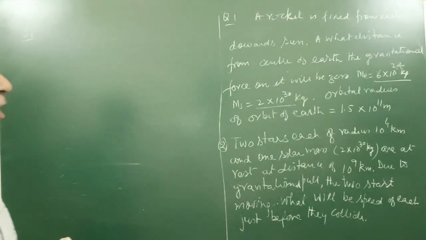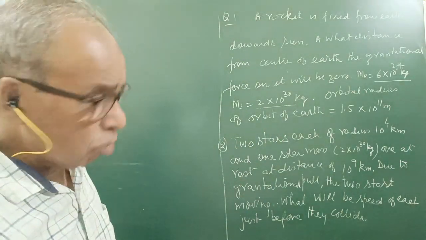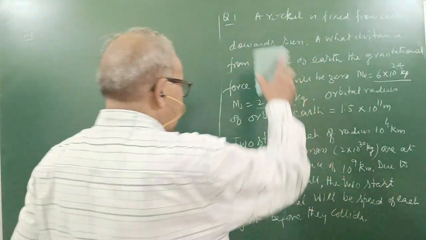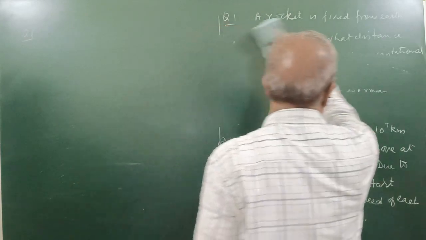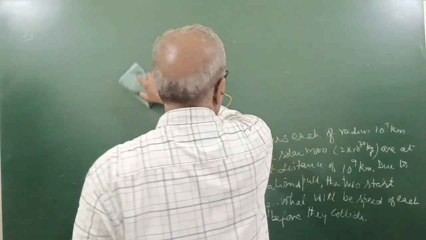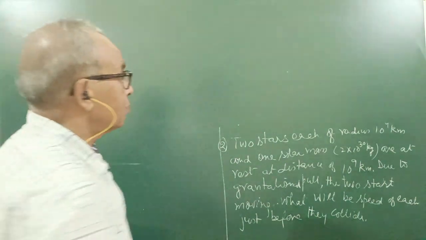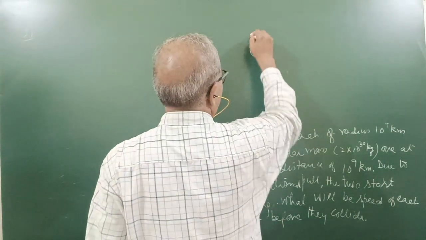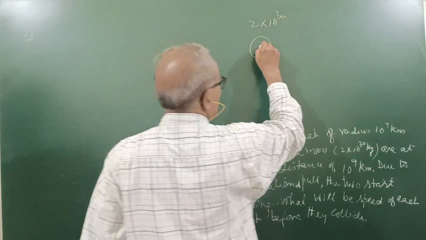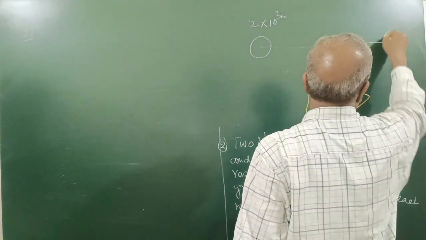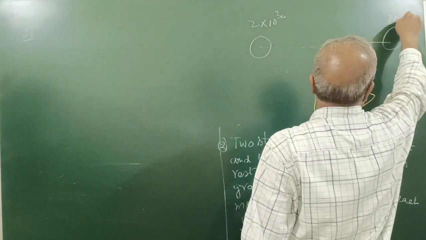So, two stars each of radius 10 to the power 4 kilometer and 1 solar mass each. One solar mass means their mass equals that of the sun. They are at rest at a distance of 10 to the power 9 kilometer. The two stars have 2 into 10 to the power 30 kg each.